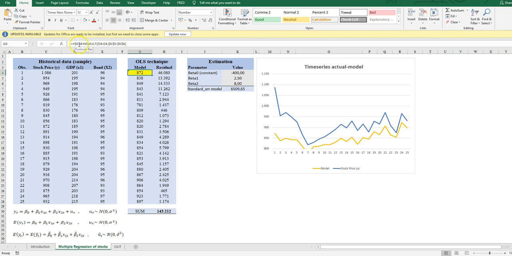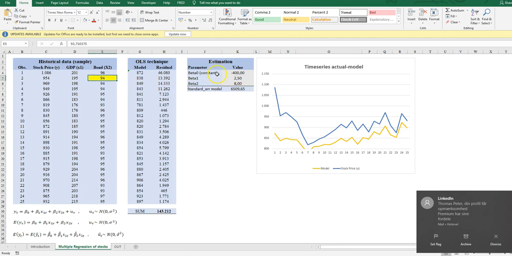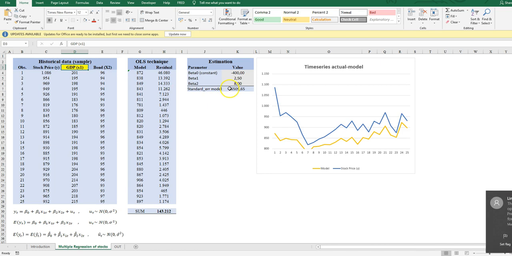So first the model is the constant beta 0 plus a multiplication between the parameter beta 1 for GDP, so this one times this one, plus this one times this one over here. So this is the model.